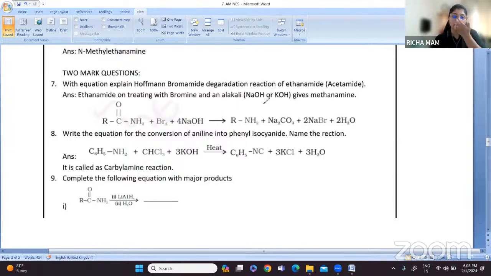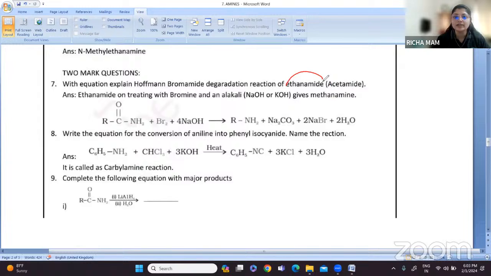Or they may tell you a particular amide, take acetamide, or ask you to prepare methanamine, or explain the Hoffman bromamide degradation reaction for the preparation of aniline. The question can be twisted anyhow.